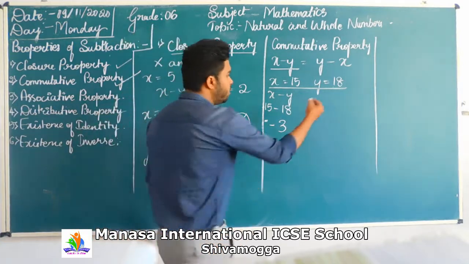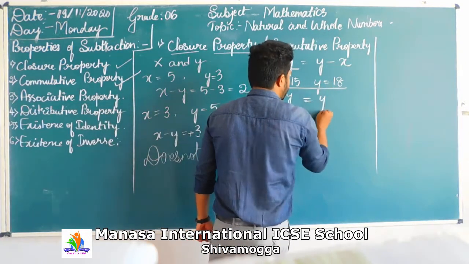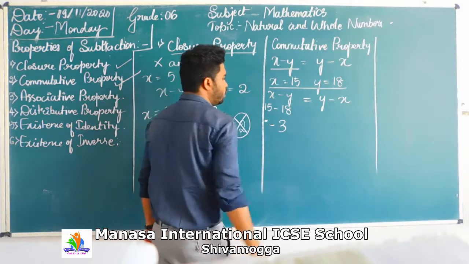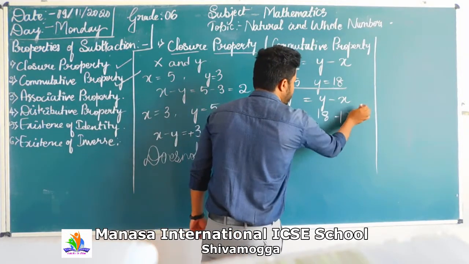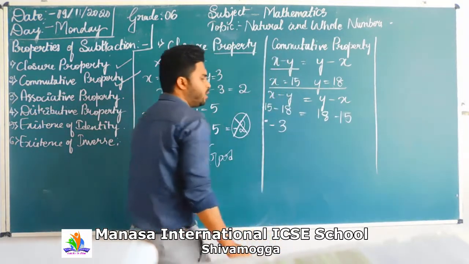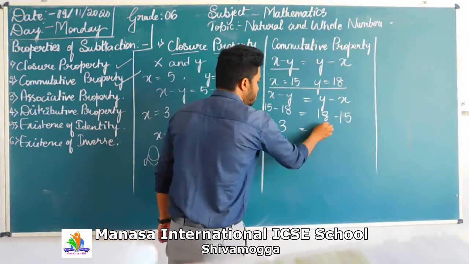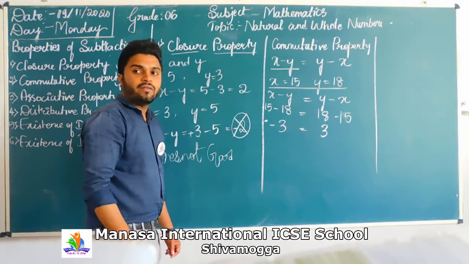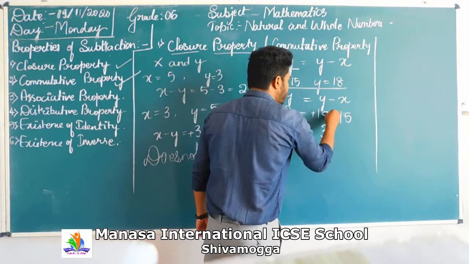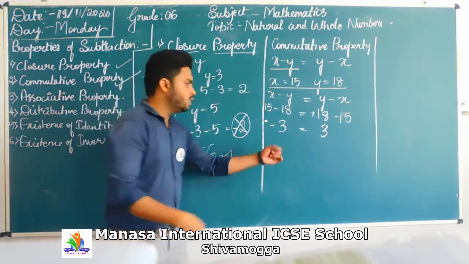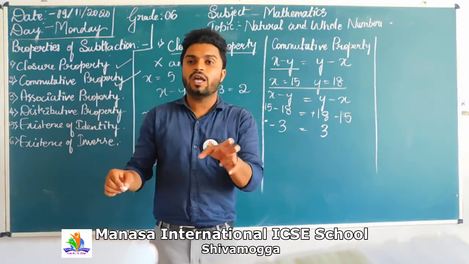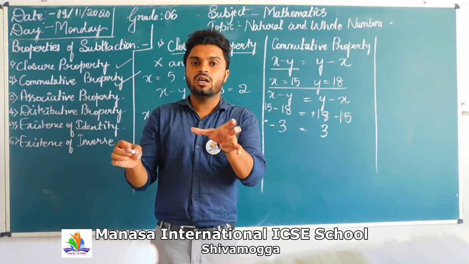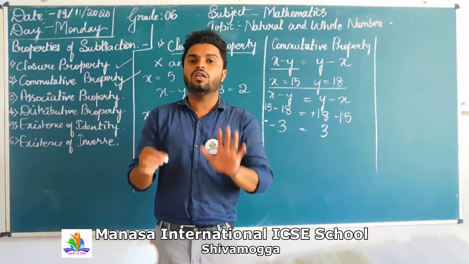The same thing for y minus x. Take the values 18 minus 15. 18 minus 15 is equal to 3. Which is the bigger value now? 18 is bigger. What is the sign of 18? It is plus. Please understand, if we don't have anything at the side of the number, it is plus.